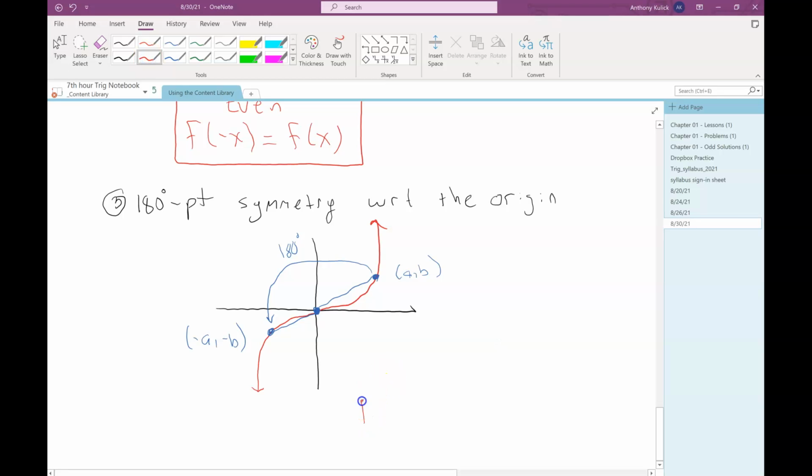Or even more generally, f of negative x is equal to negative f of x. And these functions we give an extra special name to. We call functions that have this type of symmetry odd functions.